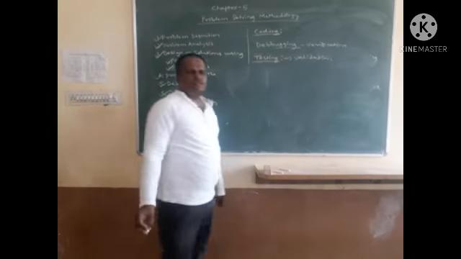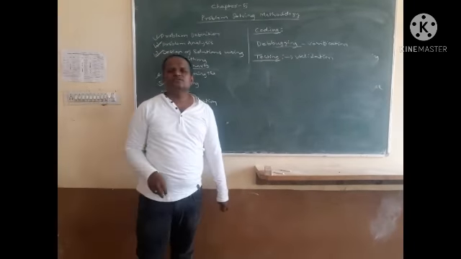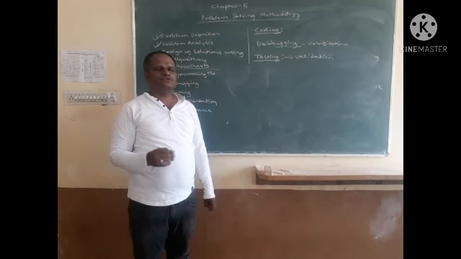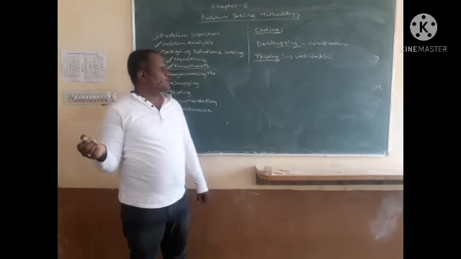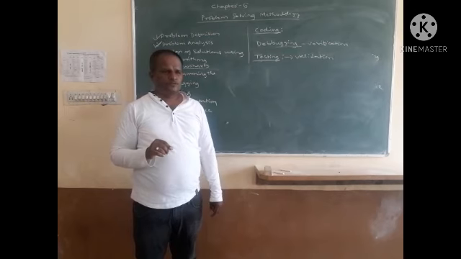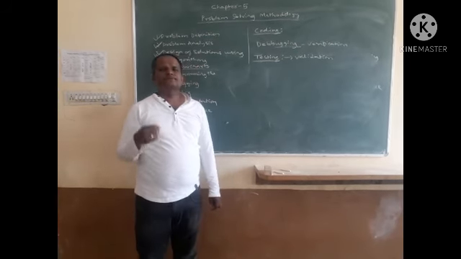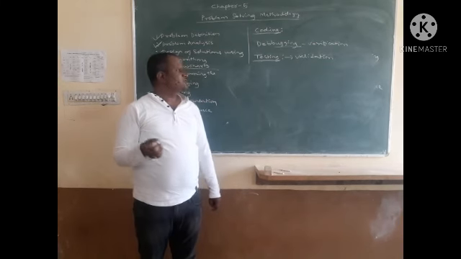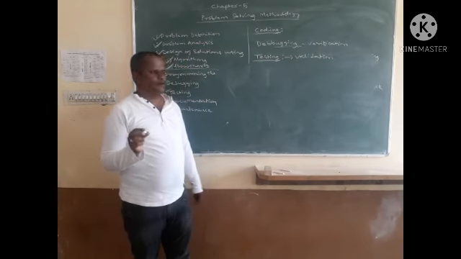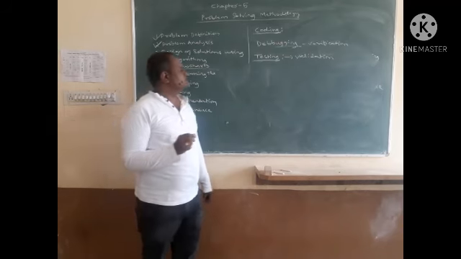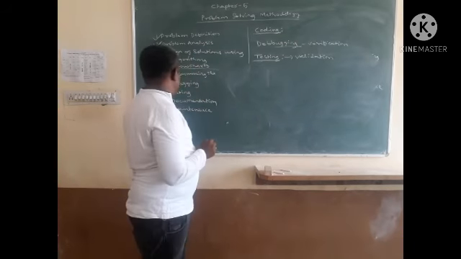We have to check the output for different inputs, and in all the different inputs it should produce the correct output according to its input. So testing is important for checking the program for different inputs whether it is producing the right output or wrong. Okay, so this particular process is called testing.